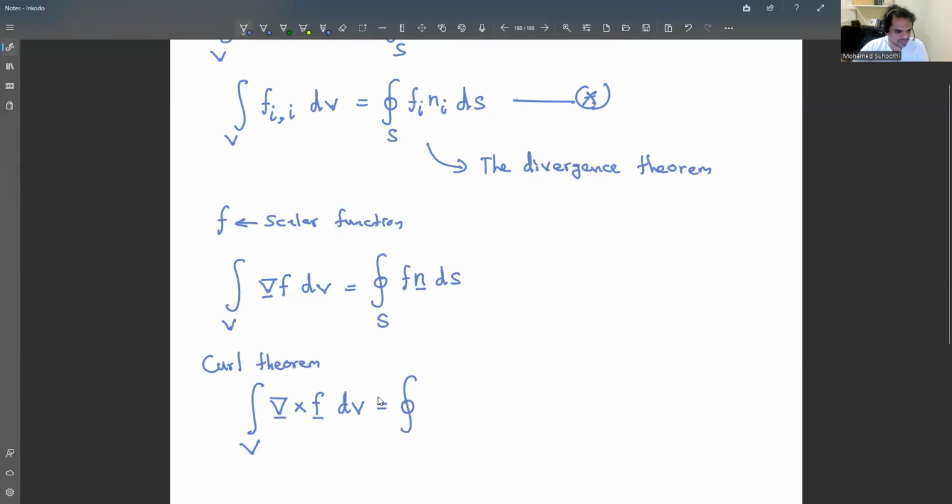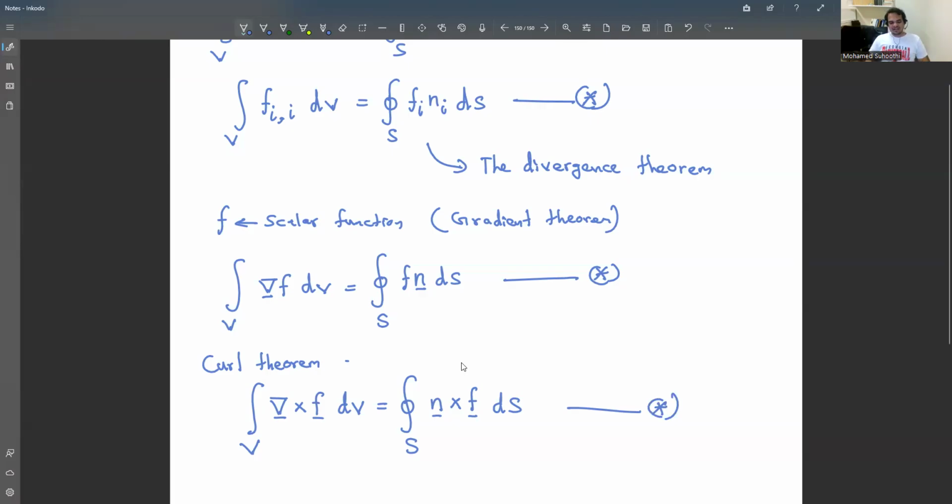Now the surface integral of n cross f, be careful, don't write f cross n, write n cross f, ds. This is called the gradient theorem. So divergence theorem, gradient theorem, or curl theorem.